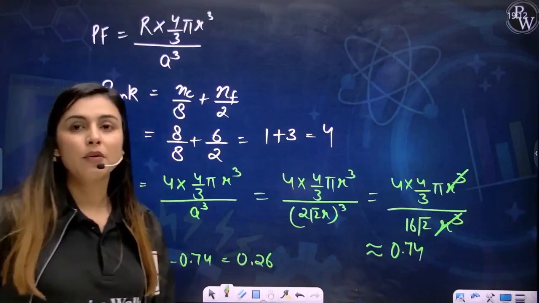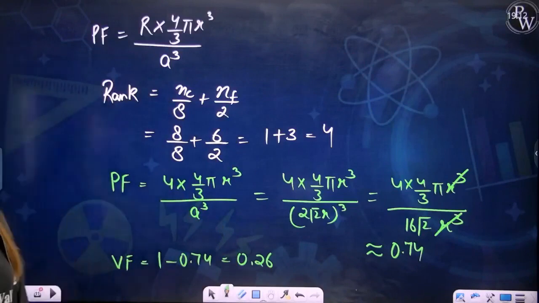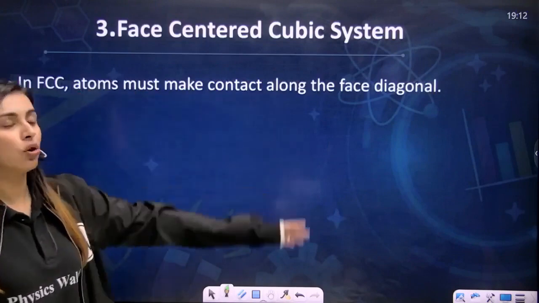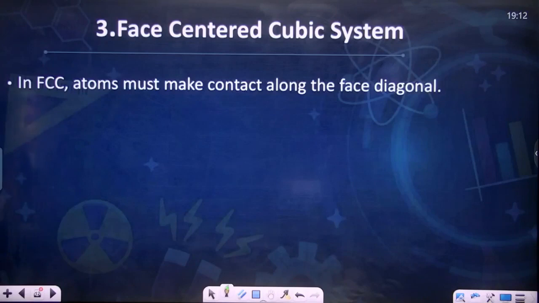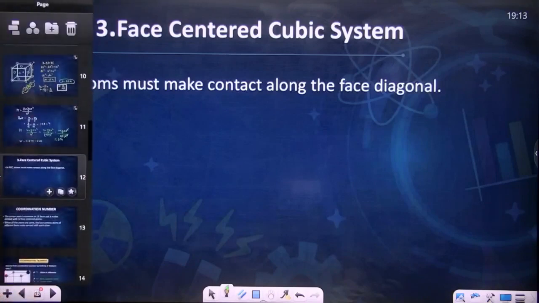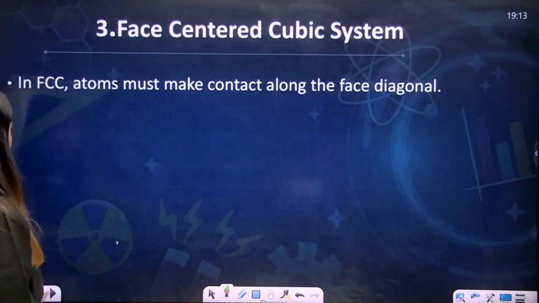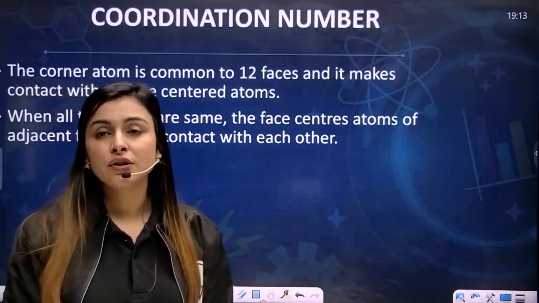Right? Yes, perfect. Now, we will be calculating the coordination number of the face-centered unit cell. So, now let's try to calculate the, in FCC, atoms contact along the face diagonal. I hope you're clear with this. You want to write it down and then we'll move forward. Now, we will be calculating the coordination number of a face-centered unit cell.